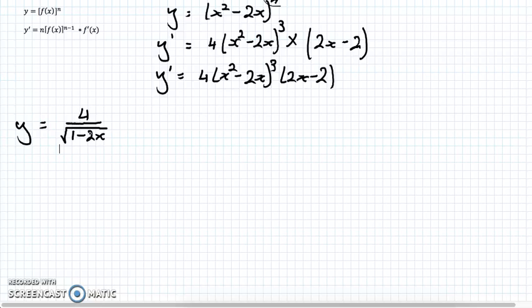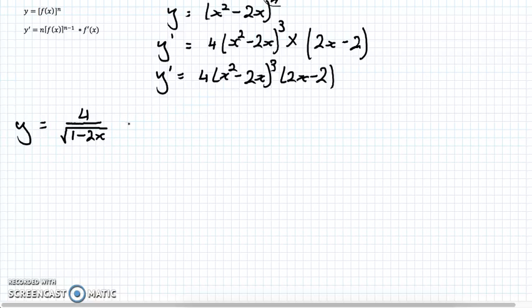So, at first glance, it doesn't seem like we have a function within a function, but we do. Let's change this into something that looks a little bit different.